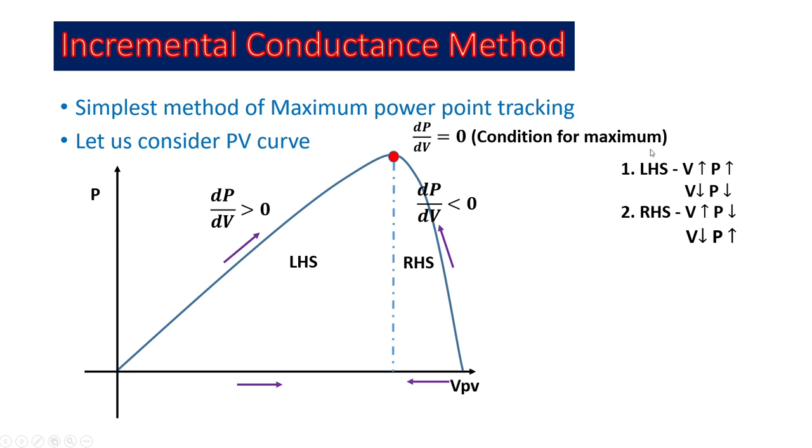It is the condition for maximum power extraction. So we need to increase the voltage on the left hand side to reach the maximum power, and on the right hand side we need to decrease the PV voltage to reach the maximum power.